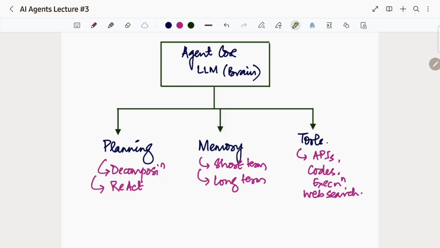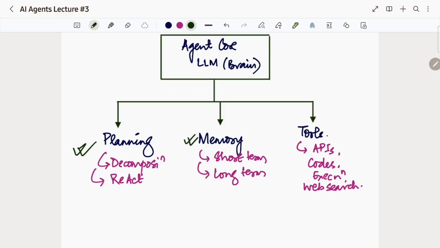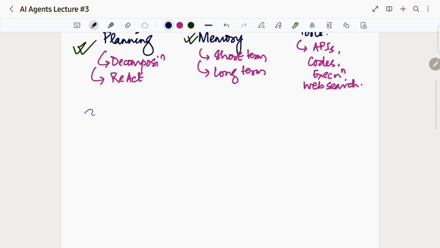Decomposition is basically a bigger goal divided into sub goals, and ReAct is basically like a loop, reason plus action. Now the planning part is already covered, and today we are going to look into the others. So let's begin with memory.